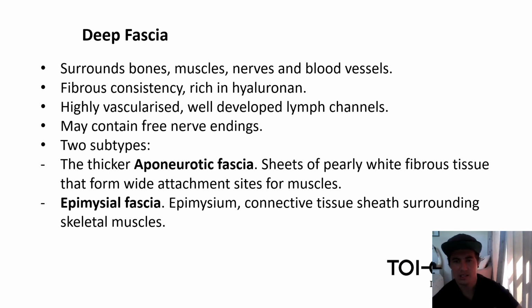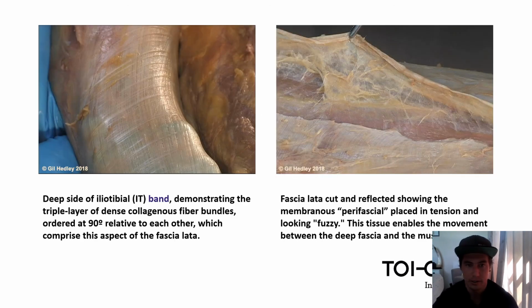The linea alba, I believe, is one example, which keeps your rectus abdominis together. Epimysial fascia is the different types of connective tissue layers that surround muscle fibers, muscle fascicles, and then a whole muscle. A couple of examples of fascia covering are the IT band down the side of the leg.